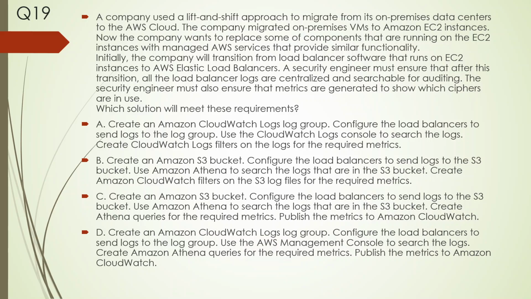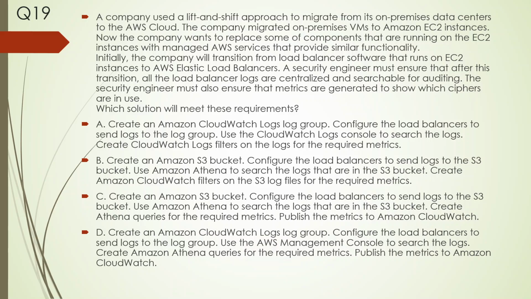So we'll be migrating from on-prem VMs to EC2 with an ALB, or Elastic Load Balancer. The security engineer must ensure that after this transition, all load balancer logs are centralized.